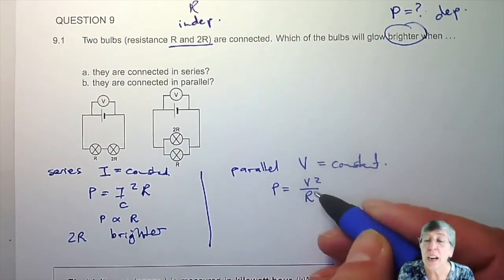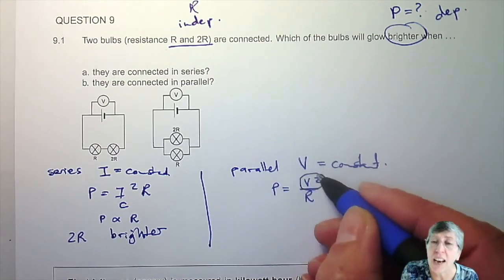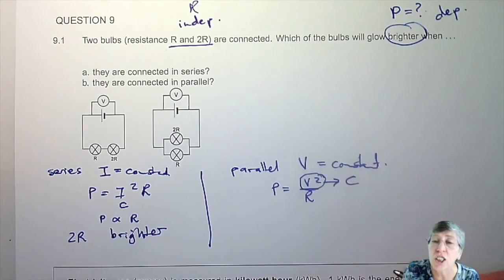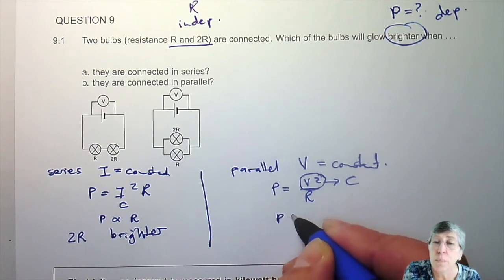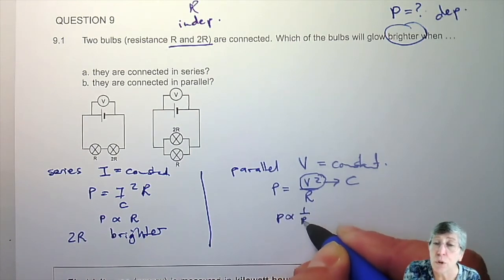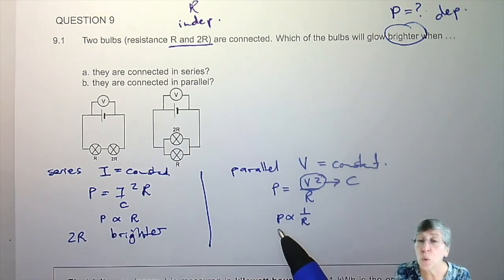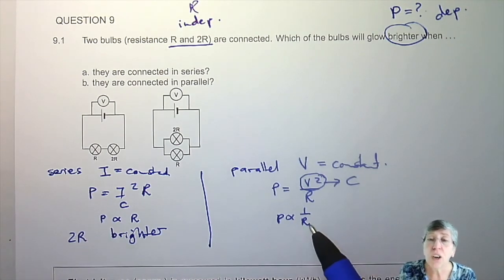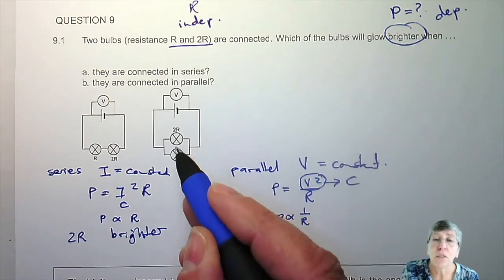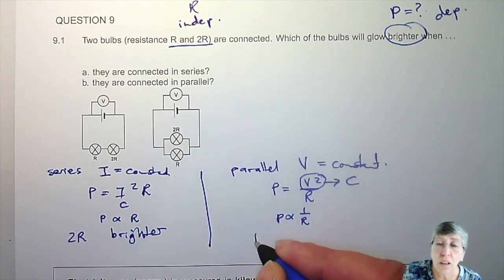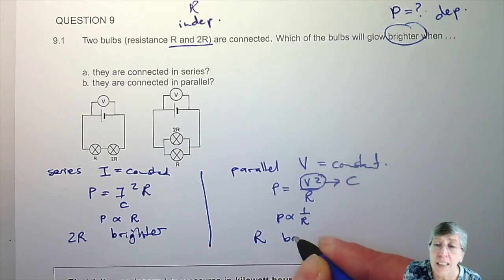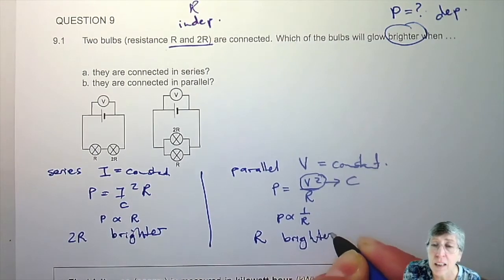And the reason why I use this one is because I know that one is a constant, and then P will be inversely proportional to R, which means the bigger the R, the smaller the P. So who's got the smallest resistance? From those two, that will be R. So R will be brighter, right?